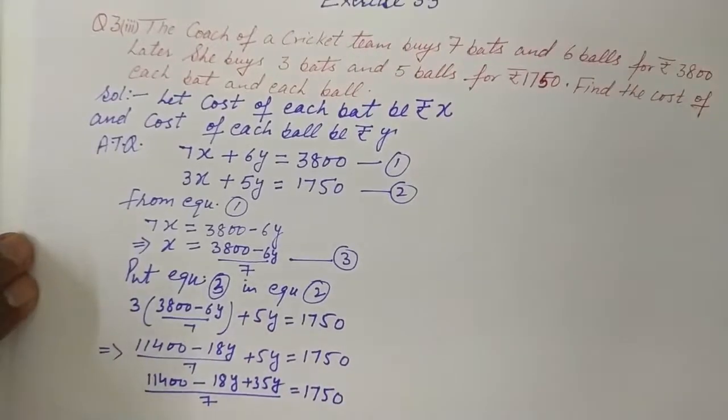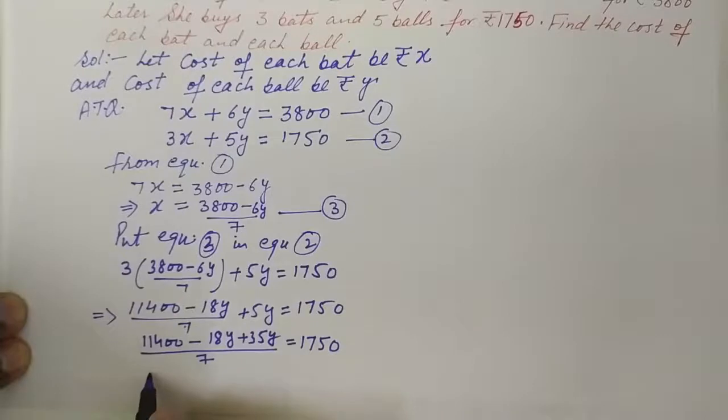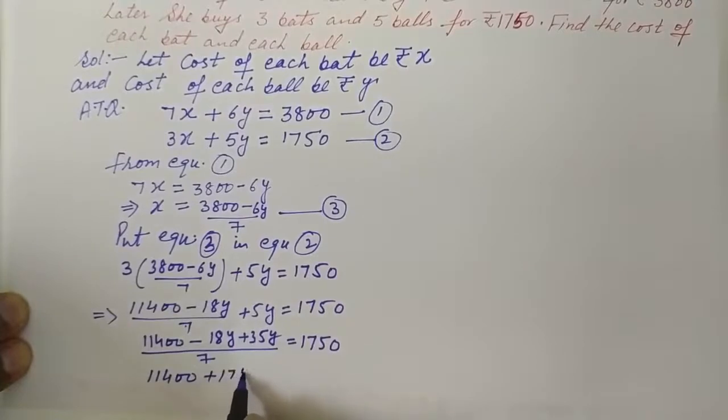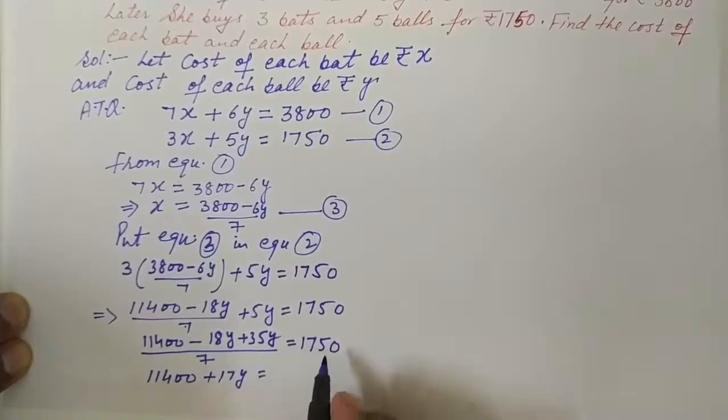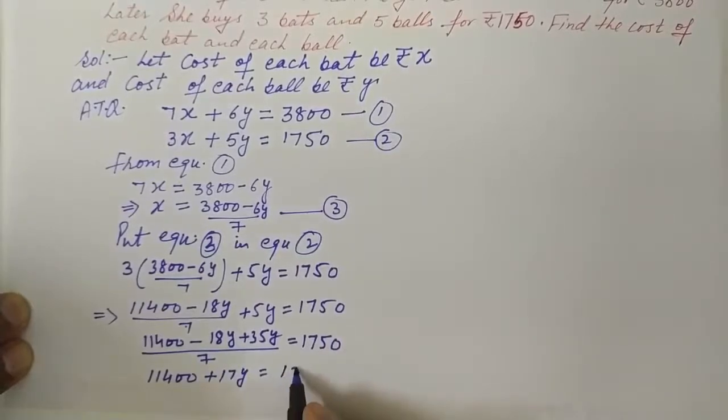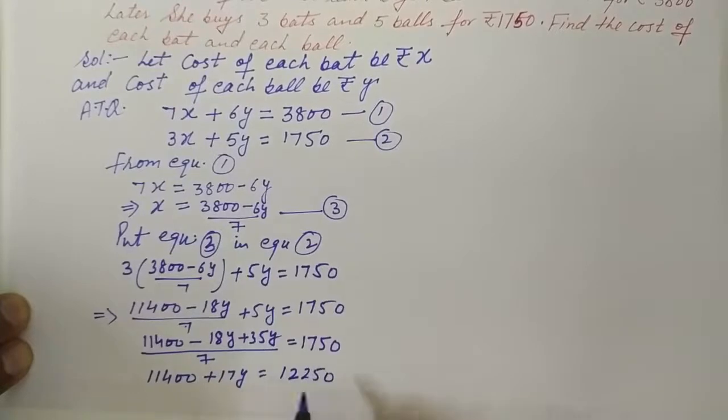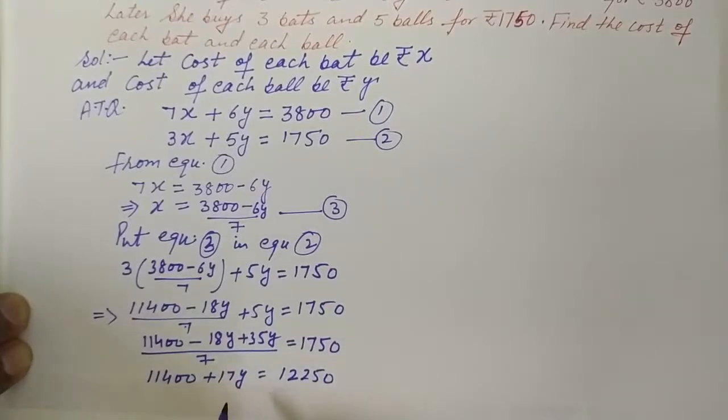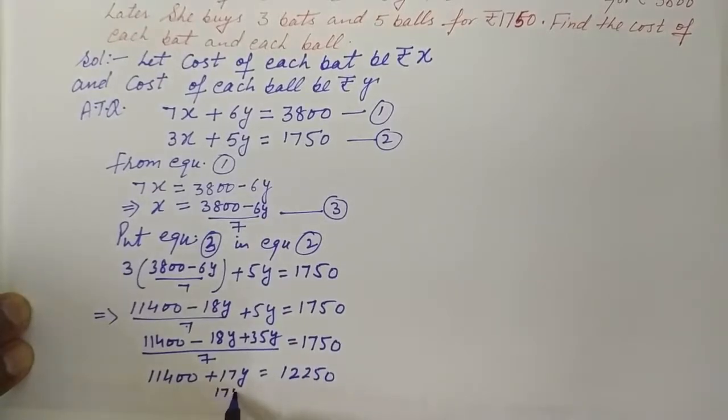Now it will be 11,400. Now minus 18y plus 35y is plus 17y, and you can cross multiply. So 1750 into 7 will be 12,250. So you will have now 17y; take this 11,400 to the right hand side.